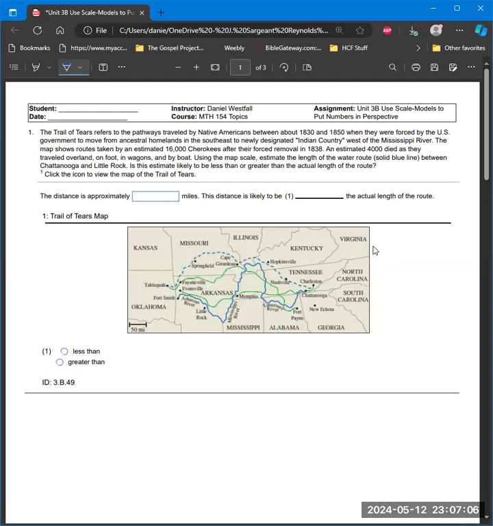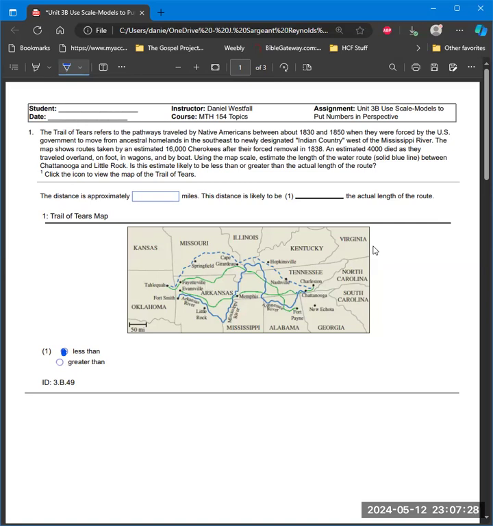But we could estimate this with the scale here: 100, 150, 200.